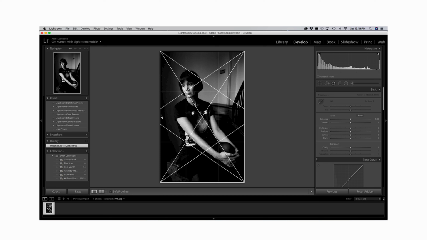Here you can see the shape of the body, the placement of the knee, placement of the face, the gaze of the eyes, all being dictated by these regulating lines, and how that has contributed to a very balanced, very aesthetically pleasing, proportionally correct structure of this composition.